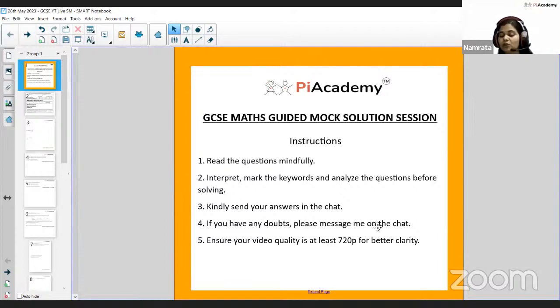So let's also go through the instructions that we have. Please read the questions mindfully. Interpret the question. You can also mark the keywords and start analyzing them before actually solving the question, because that would give you an appropriate direction in what concept you need to apply.